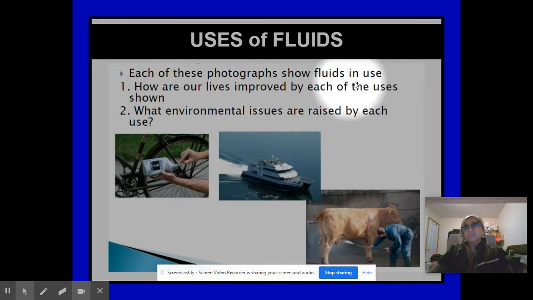Now, each of these photographs show fluids in use. Essential questions would be: how are our lives improved by each of the uses shown? What environmental issues are raised by its use? Two questions to think about.